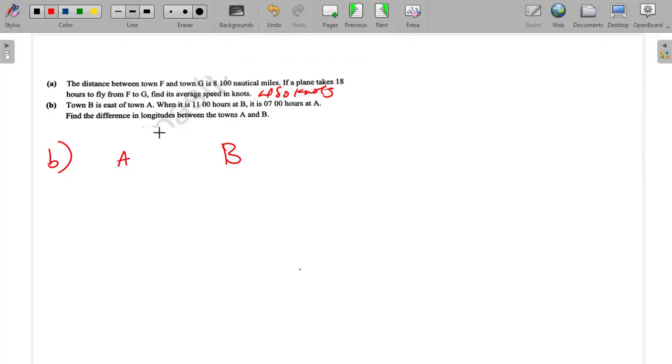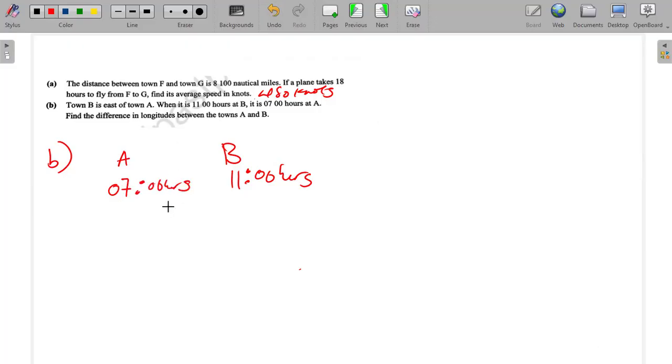Then we have been told that someone at town B, checking his time, sees that the time is 11 hours. And the person at town A, checking the time, finds that it's 07 hours.